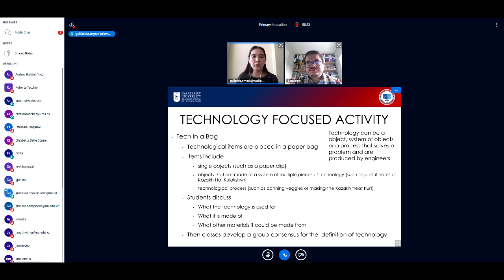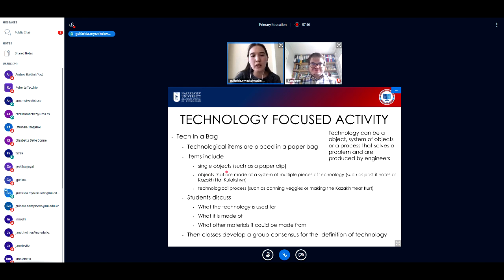Here we give one example of our unit, and it is called technology in a bag. As I mentioned before, to do a windmill, they do different tasks and activities. In this activity, students are presented a bag, and inside this bag there are different types of technologies.